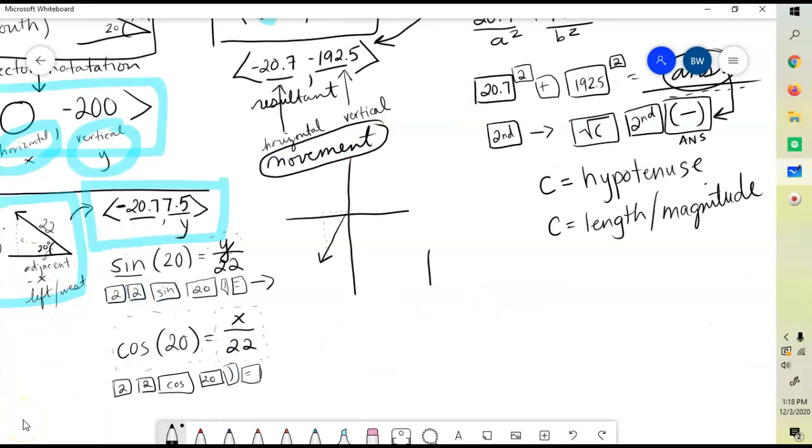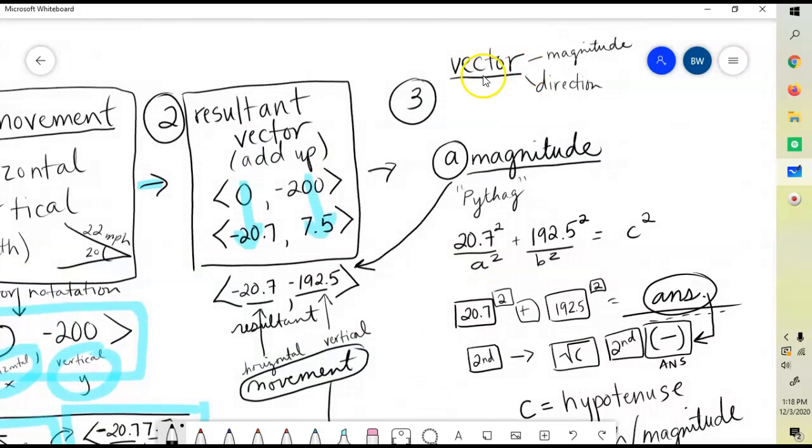Okay, the next thing that we're going to do, let me remind you what's up here. In finding a vector to generate our answer in this word problem from the resultant vector and all those movements that described the end vector, we've determined its magnitude, which is that hypotenuse length.